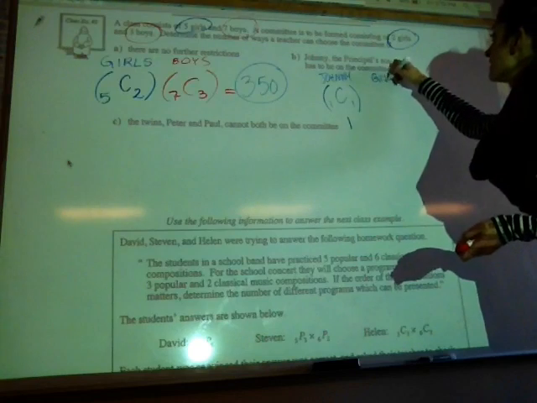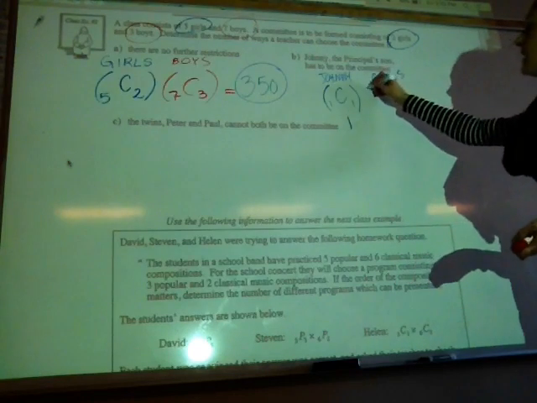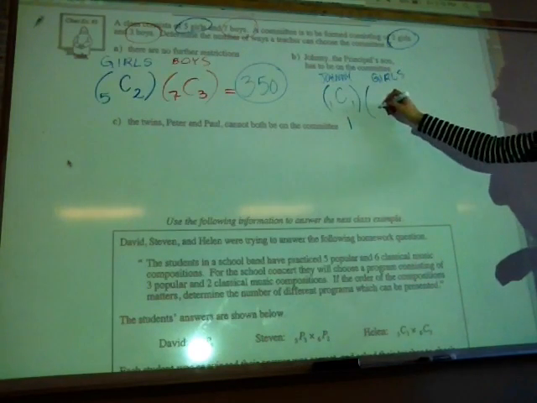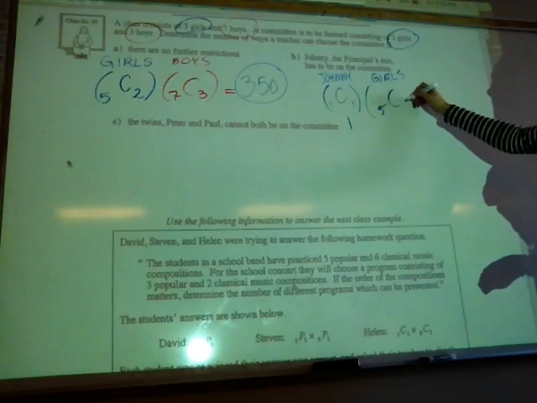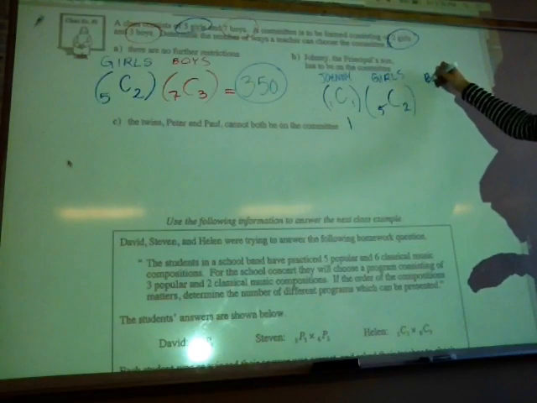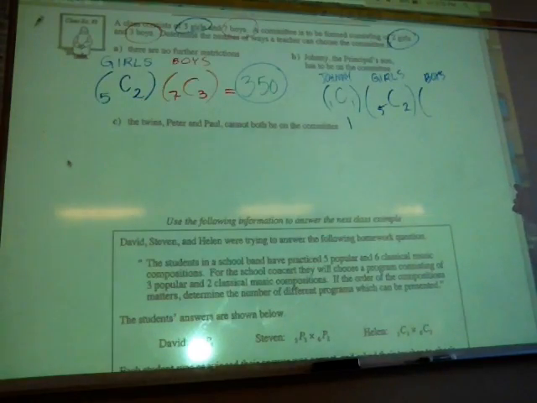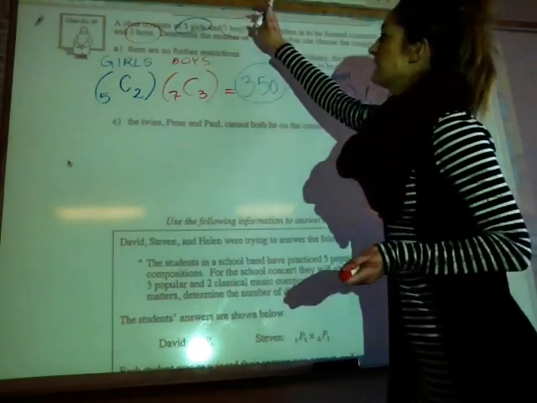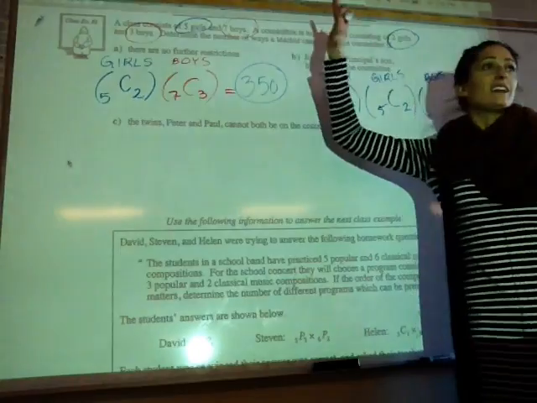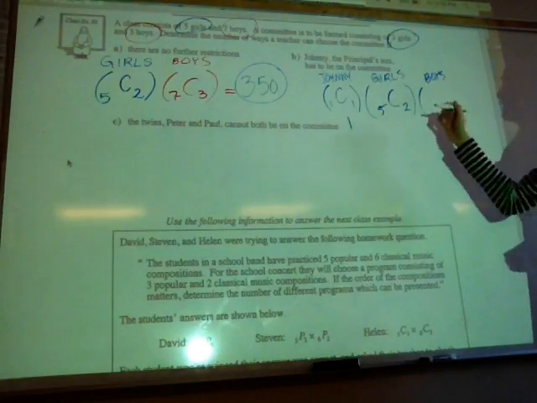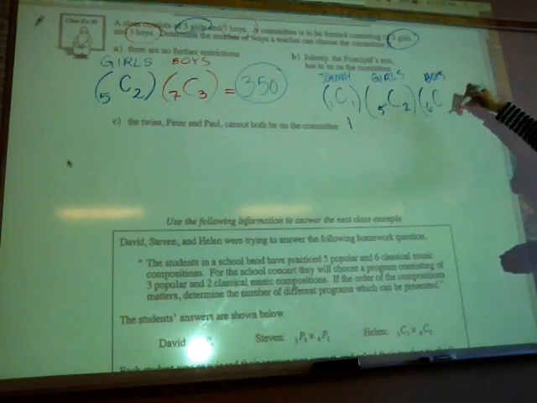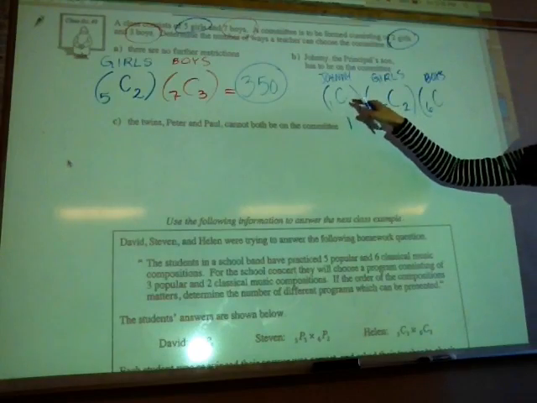Now let's do the girls. Okay, how many girls? 5. How many am I picking? 2. Now boys, how many boys? 6. Oh, you're thinking. Good, I like it. So we had 7 boys, but now we've taken Johnny out of the picture. So there's actually only 6 boys to choose from. And Johnny's already on the committee.